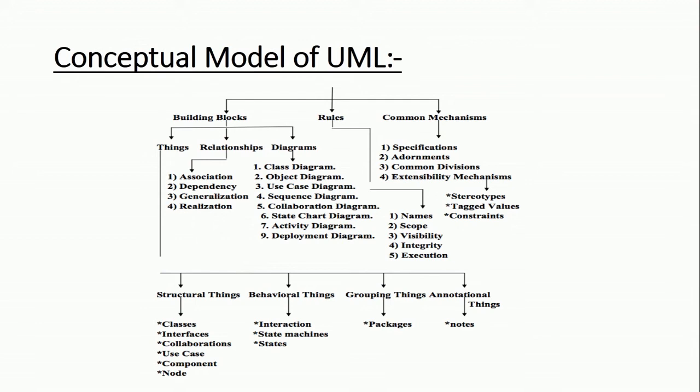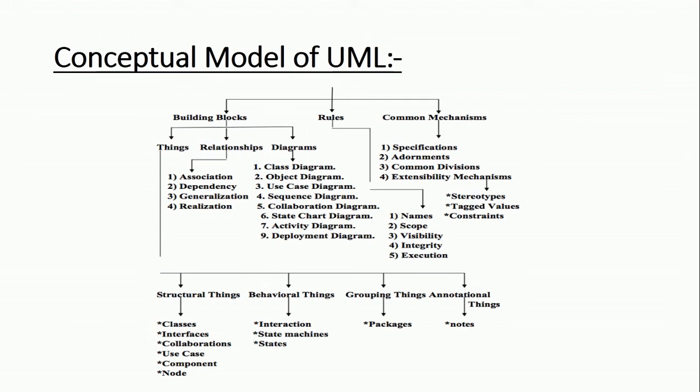Next is the sequence diagram. A sequence diagram shows object interactions arranged in time sequence. It shows the objects and classes involved in the scenario and the sequence of messages exchanged between these objects needed to carry out the functionality of the scenario.